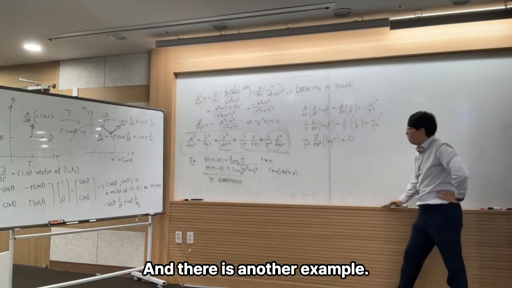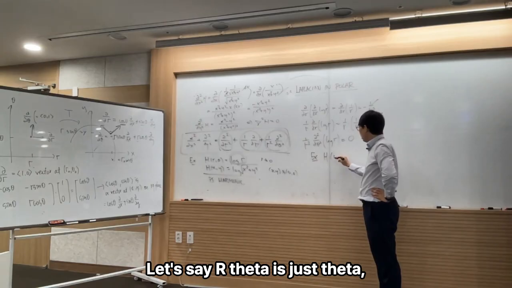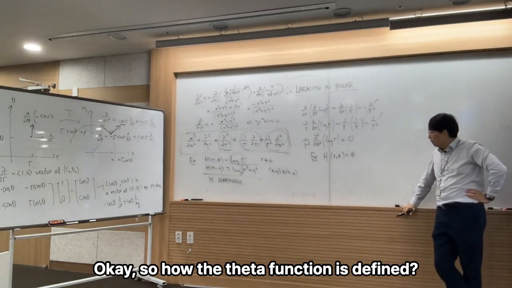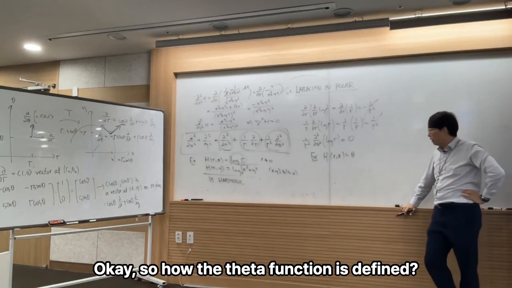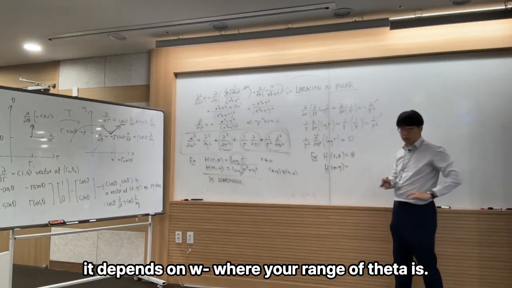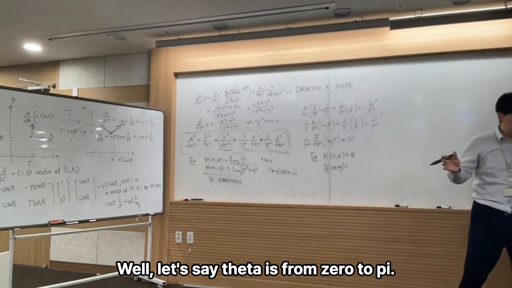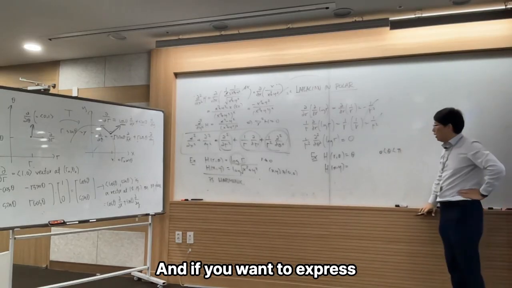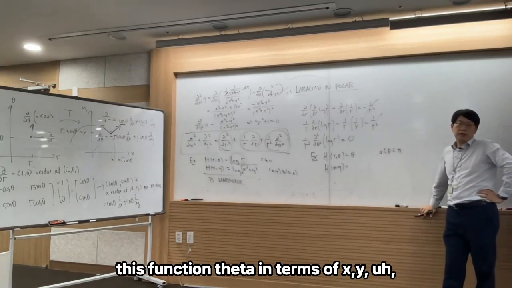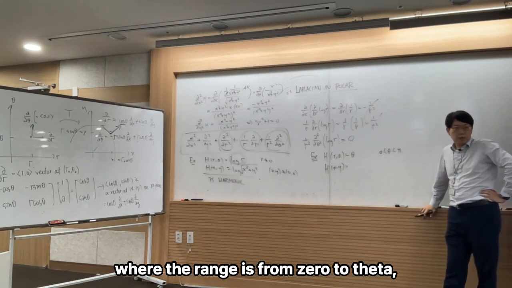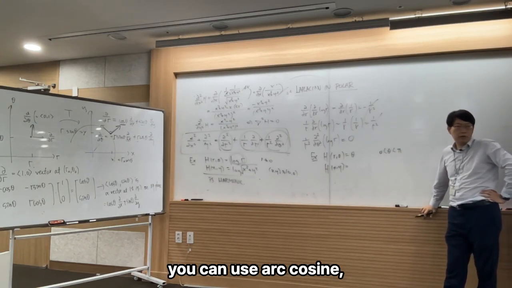And there's another example. Let's say H of r, theta is just theta. H is a theta function. Okay, so how is the theta function defined? If you want to express a theta function, it depends on where your range of theta is. But let's say theta is from 0 to pi. And if you want to express this function theta in terms of x, y, where the range is from 0 to pi, you can use arc cosine, the inverse cosine.